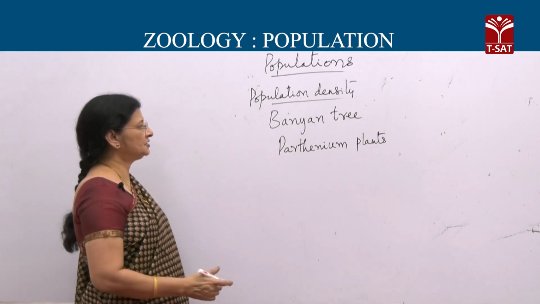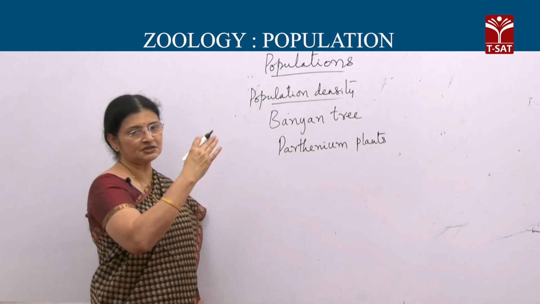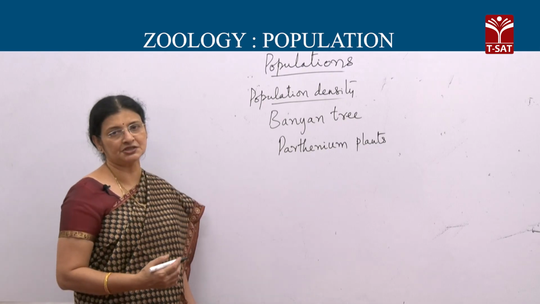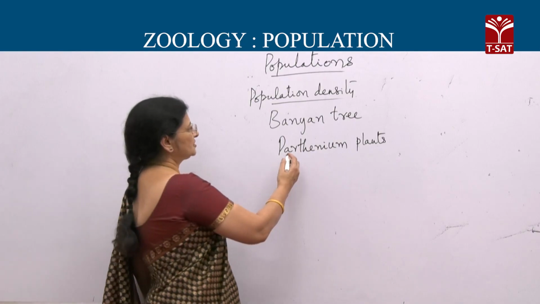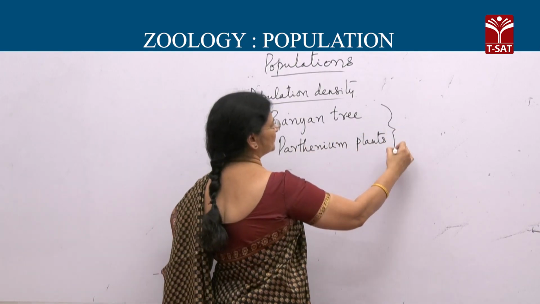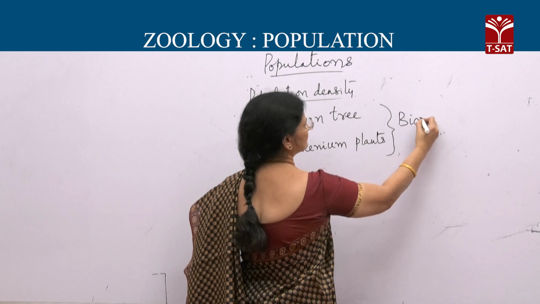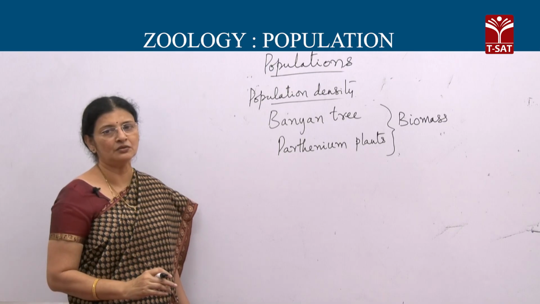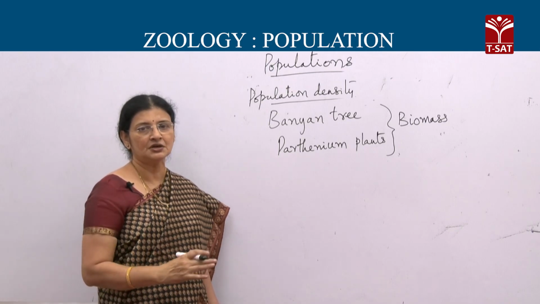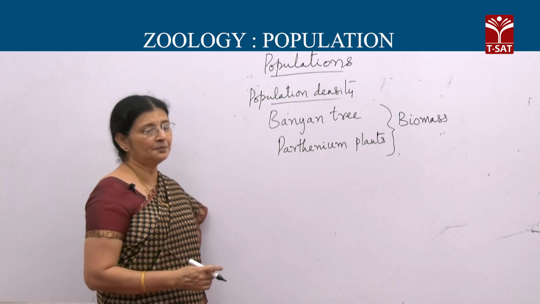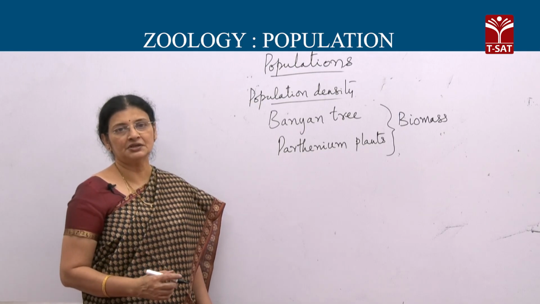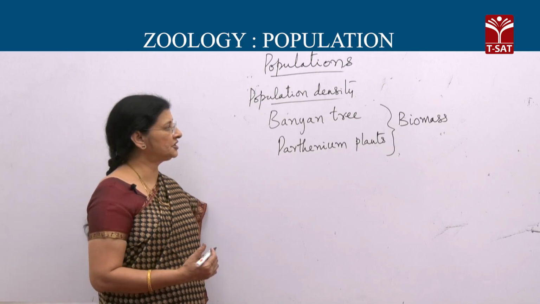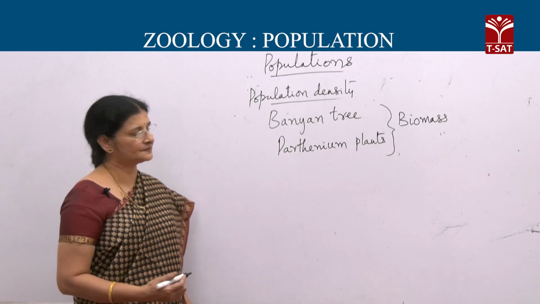Banyan tree is vast, it has occupied a large area. You cannot take numbers into consideration. Then in this example, we consider biomass. To express the density, we take biomass. Biomass of the banyan tree is definitely more when compared to all these Parthenium plants. So in such cases, to express density, we take biomass into consideration.